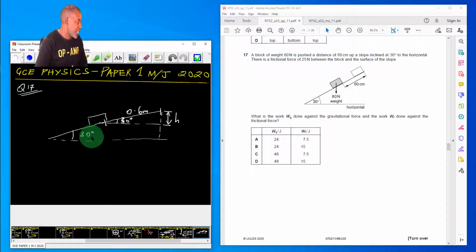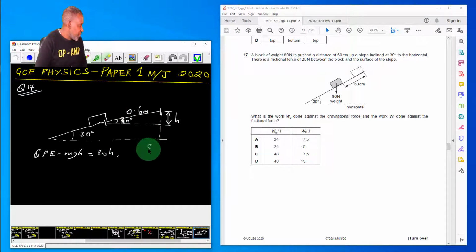So having said that, the gravitational potential energy, GPE, is going to be equal to mg times h. mg is 80 and I need the h. How do I get the h? Let's look at this.